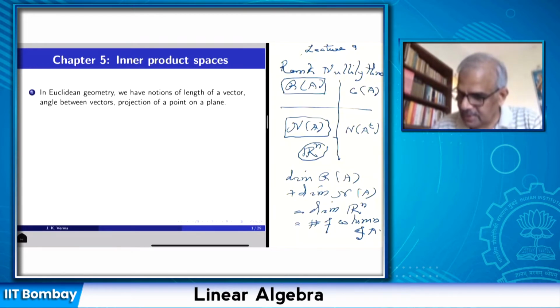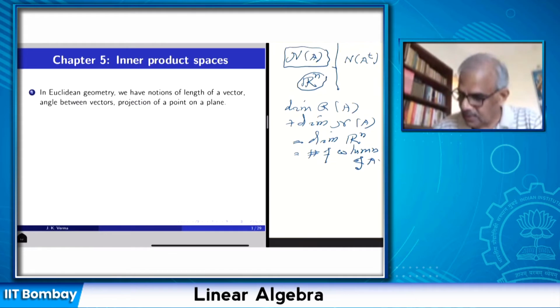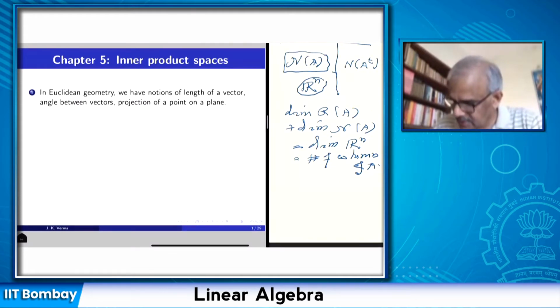So if I have a big vector space V and two subspaces W1 and W2, then their sum lives inside V. The sum of these two subspaces is the set of all vectors u plus v, where u is in W1 and v is in W2.